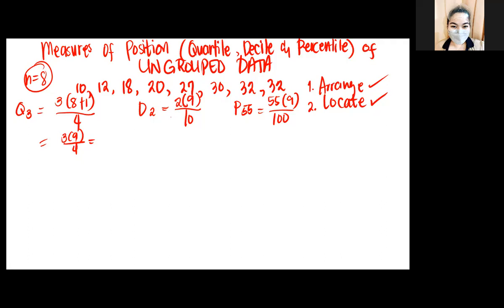So what is 3 times 9 divided by 4? 6.75. 6.75, correct. Ibig sabihin, nandun siya sa position na pang 6.75.